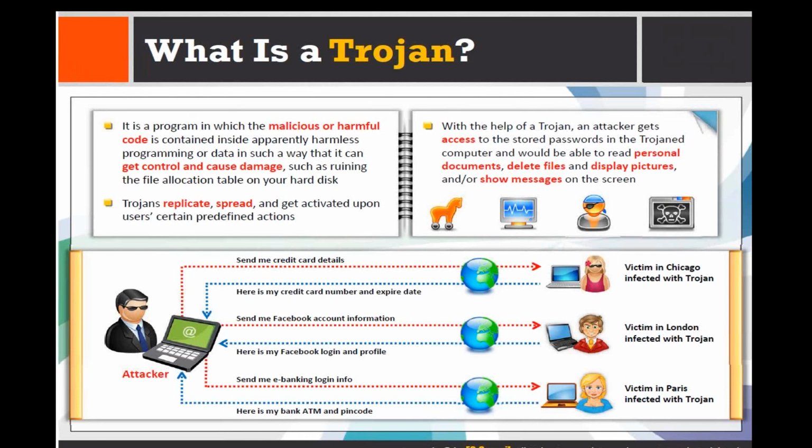Okay, what is a Trojan? A Trojan is a malicious or harmful code which is designed to look legitimate. I'm pretty sure you watched the movie Troy. Remember the movie Troy? If not, please watch it. They fight with their enemy. They come in.